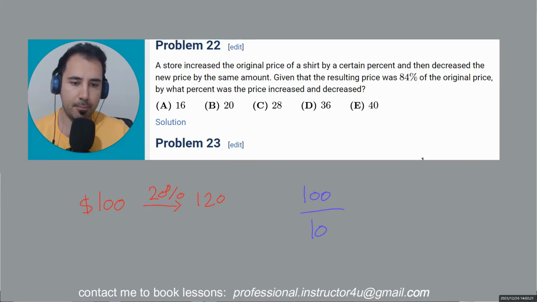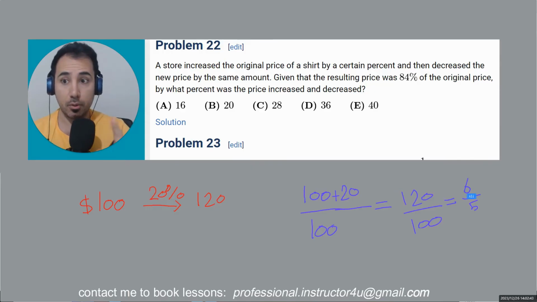When you add 20 to it, you have to multiply it by 120 over 100. Then you simplify it. Both of them are simplified by 20, so you get 6 over 5. That's it. So we'll watch problem 8 before you do this one.